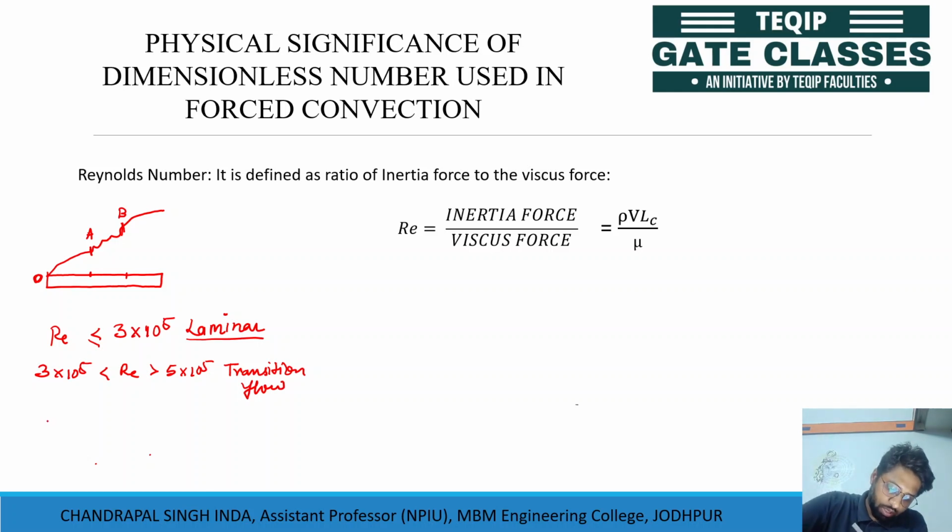And if the Reynolds number is greater than 5 into 10 to the power 5, then the flow is turbulent.